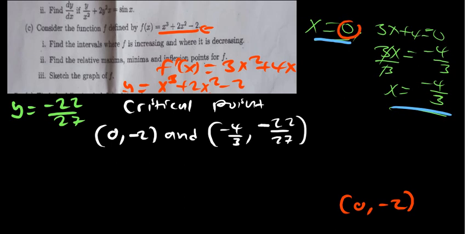The turning point? The turning point, in short, is where the graph is going to turn. If this is your graph, starting here, turning there, then going like that, that is your local maxima, that is your local minima. So the turning points are going to be the same.